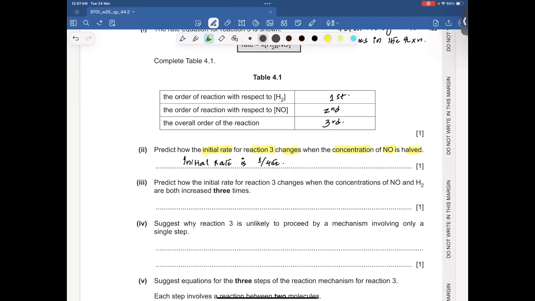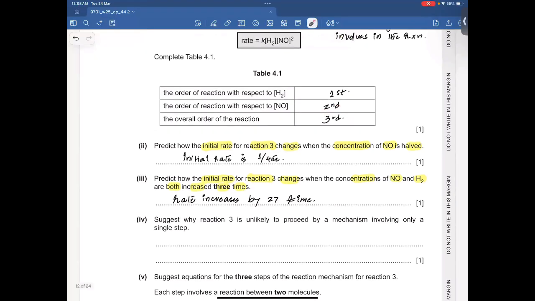Okay, next is predict how the initial rate of reaction 3 changes when the concentration of NO and hydrogen are both increased 3 times. If it increases 3 times, obviously the rate of reaction increases by 27 times, because overall order is third, okay?